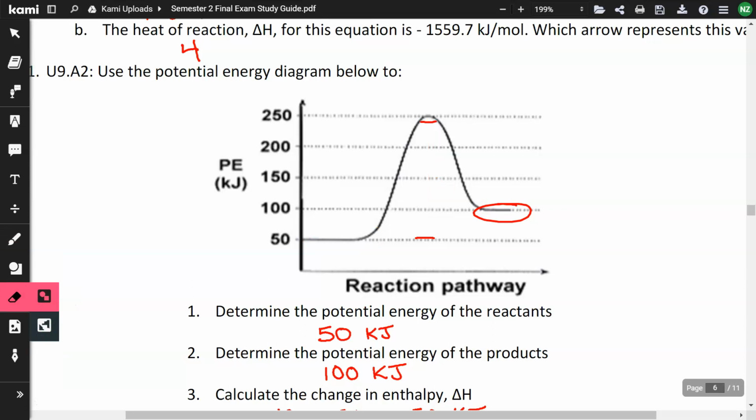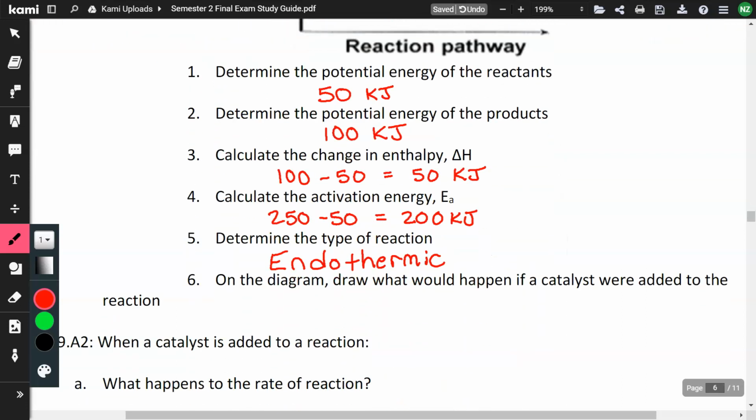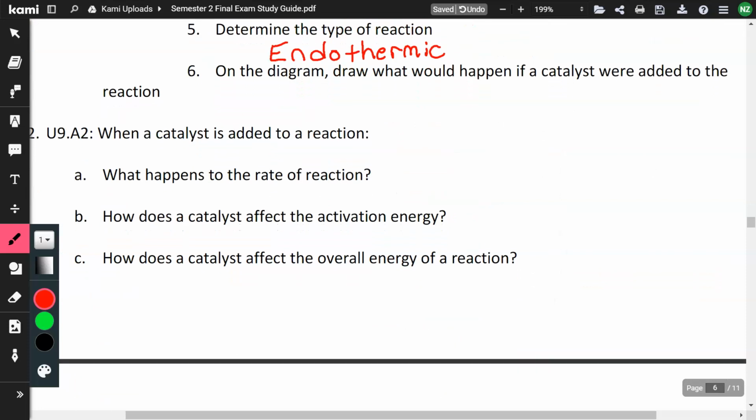So a catalyst lowers our activation energy, so a catalyst would do something like this. Okay, we talked about catalysts a little bit. A catalyst is going to increase the rate of the reaction.